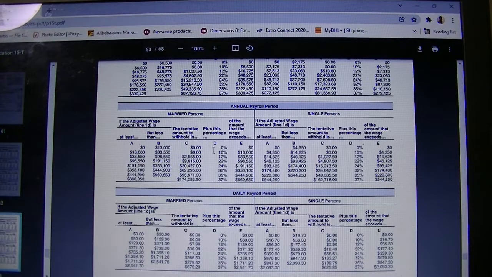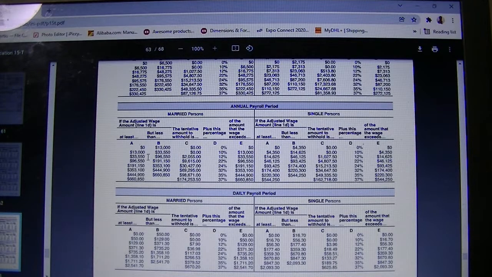So that's 0 plus 10% times 1,000. So you will take the amount you pay minus the limit they have, and that difference you multiply by the percentage on the row, and you add it to the amount that they have.